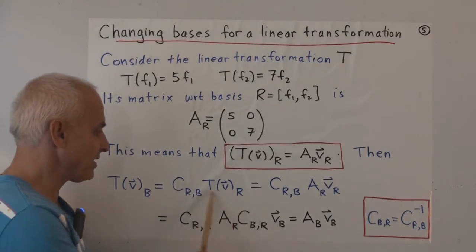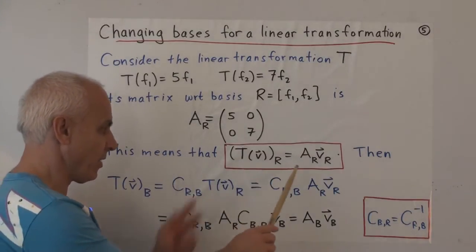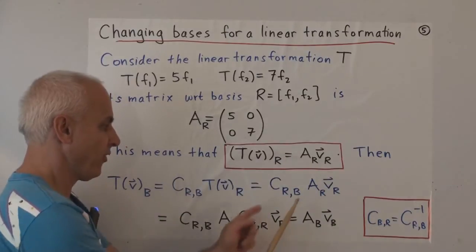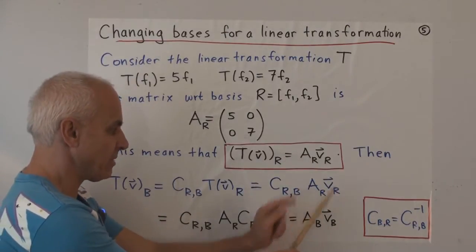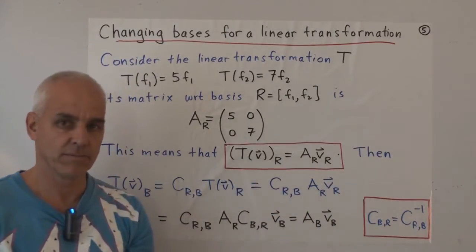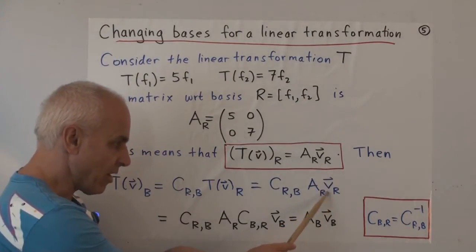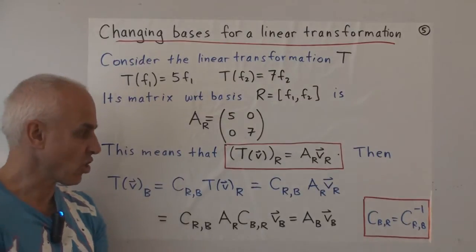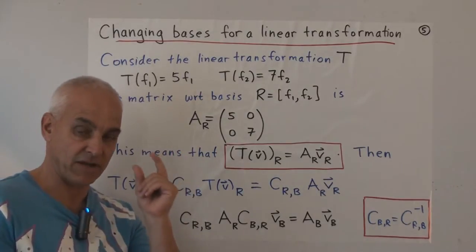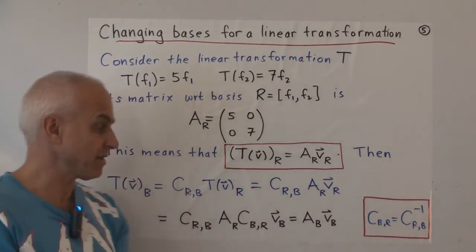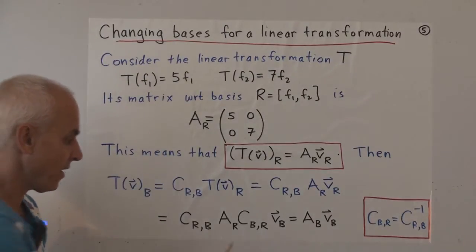And now [T(V)]_R is exactly this, so we can replace it with this. So we get C_RB, A_R, V_R. Now we're going to replace this V_R, which is the coordinate vector for the vector V in Rachel's system, with this right here.